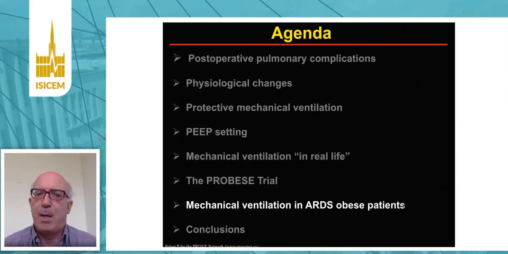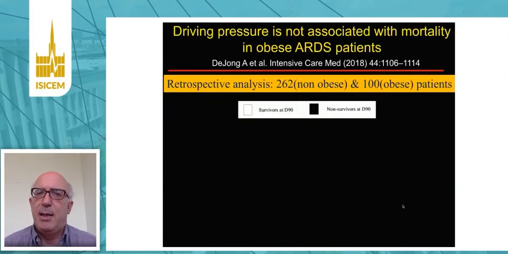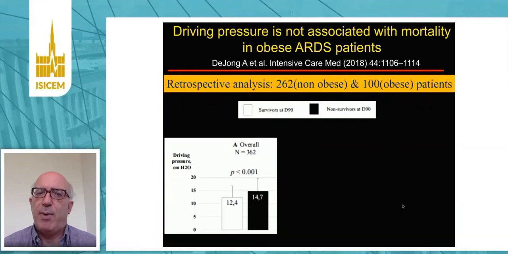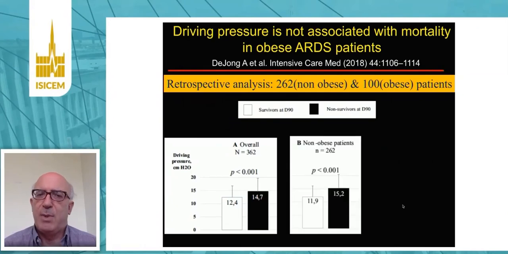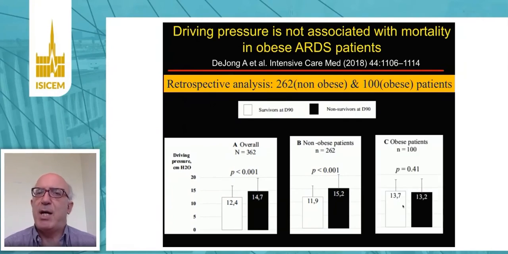What about mechanical ventilation in ARDS obese patients? There are mainly retrospective analyses. This is a very recent study showing the driving pressure was higher in non-survivors as compared to survivors. And this was mainly in non-obese patients, but in obese patients, driving pressure was not associated with mortality as compared to non-obese patients.